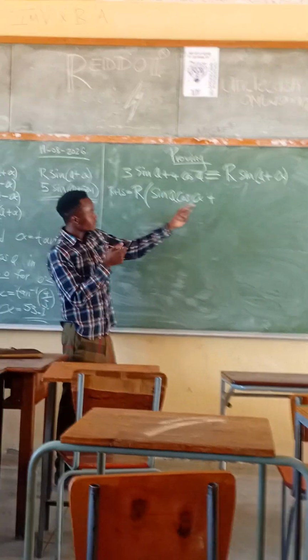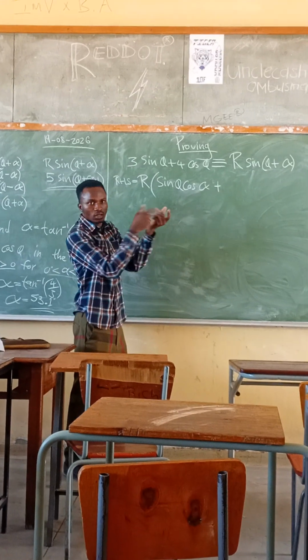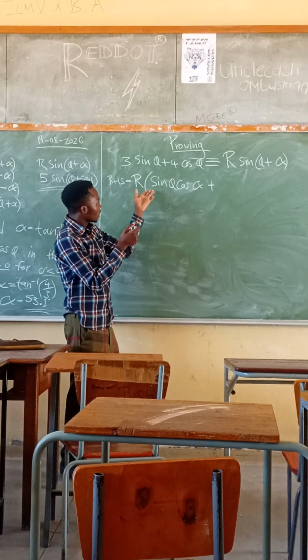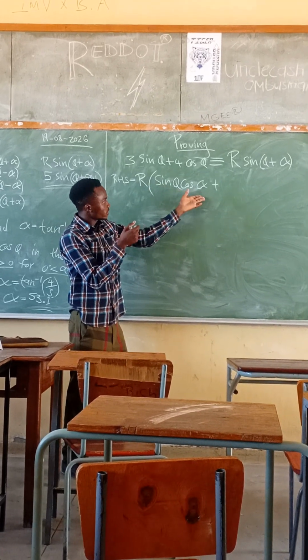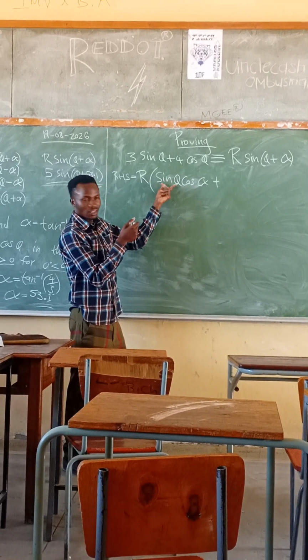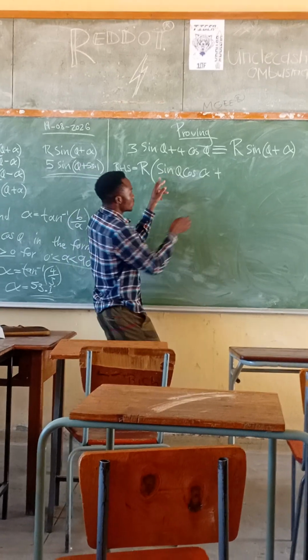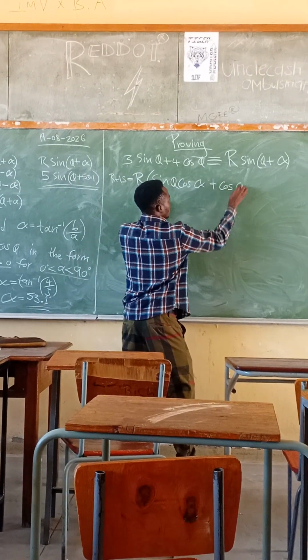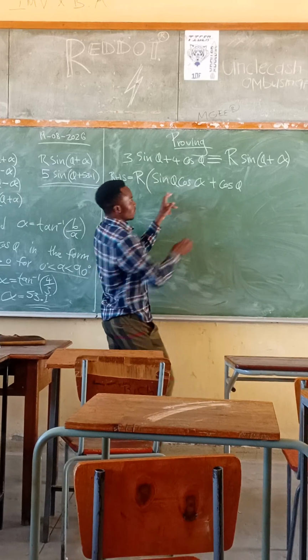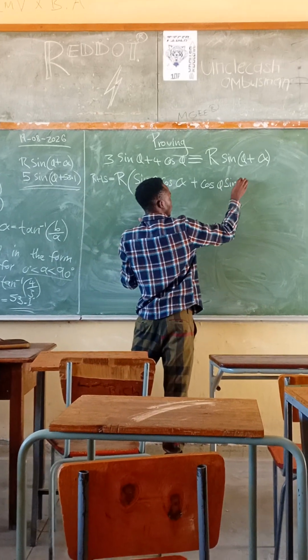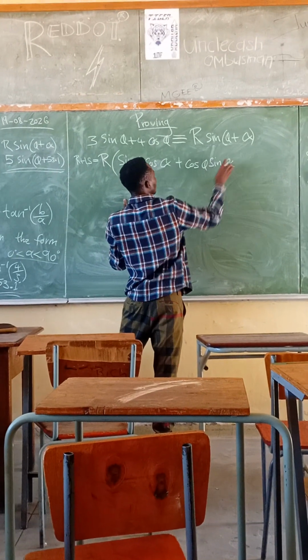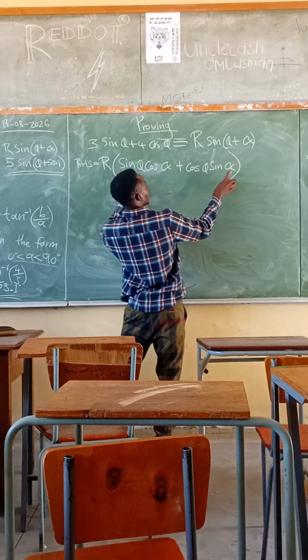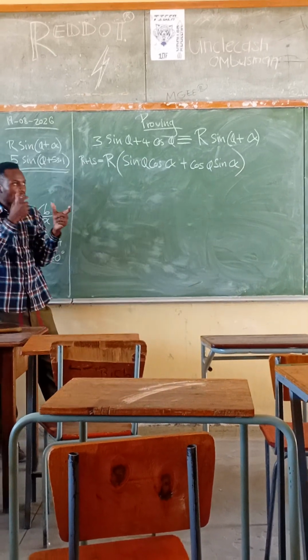So the second thing for you to do is to swap. Here I have sin theta and cos theta, which means there is no cos theta, and there is no sin alpha. We started with sin, we are ending with sin. That is how the arrangement should be.